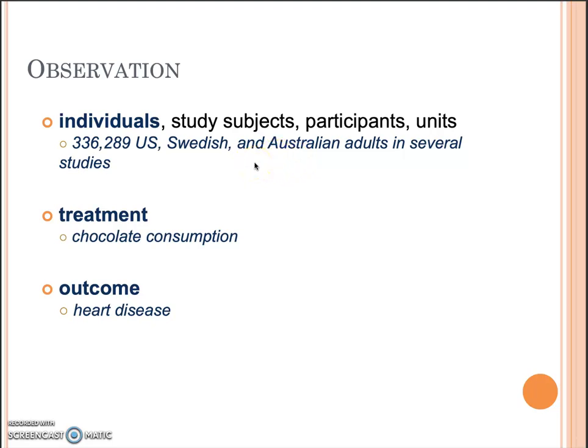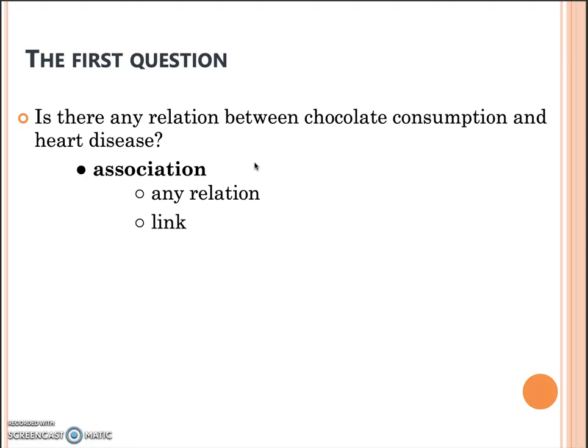We don't know how they did the experiment, or how they determined they were eating chocolate regularly. Are they just part of the people, or is there another group who don't eat chocolate regularly? And what did they compare the 8% lower to? So this kind of report we call an observational study.